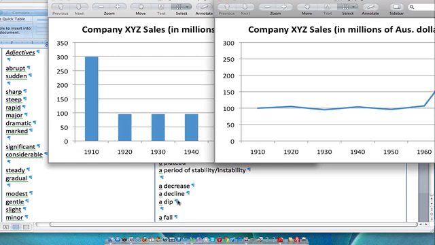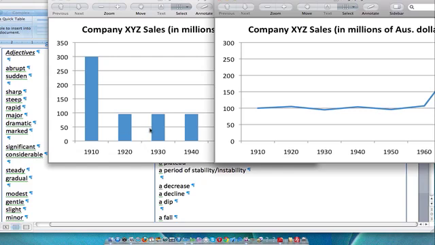So these are words that are obviously just describing a downward trend, and we would likely use adjectives to qualify these words. So we could talk about a sharp decrease. Okay, so for example, in this graph, we see a sharp decrease between 1910 and 1920. We could say a steep decline, a dramatic decline, a considerable dip.